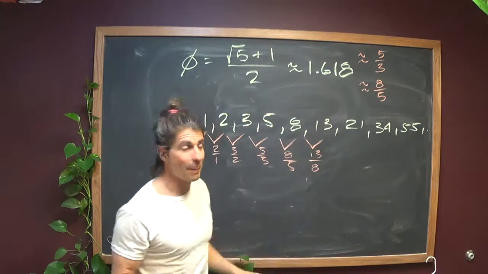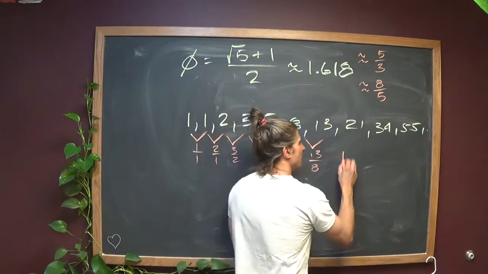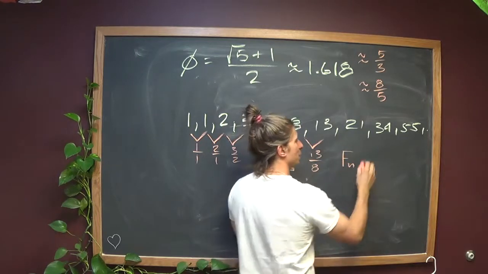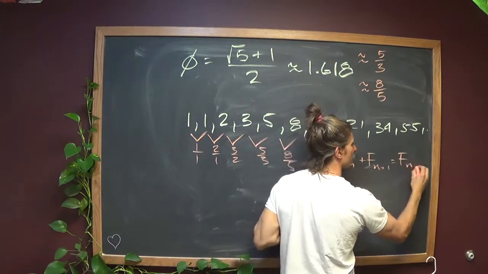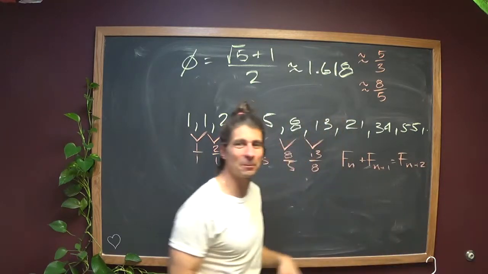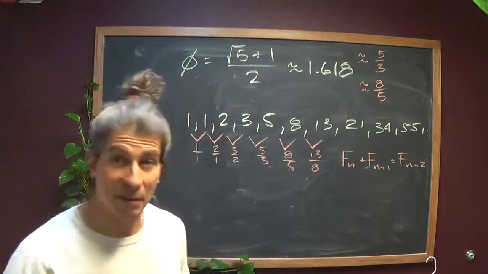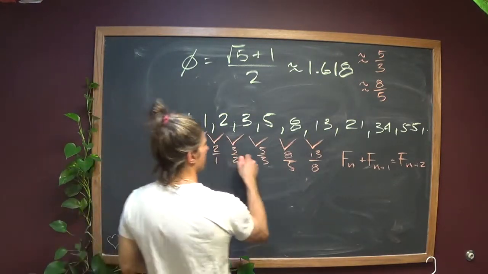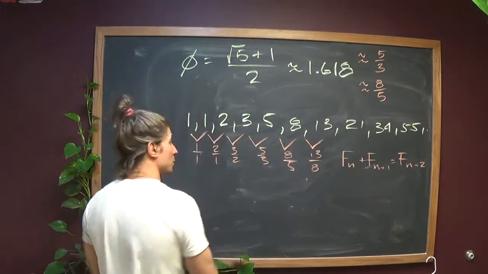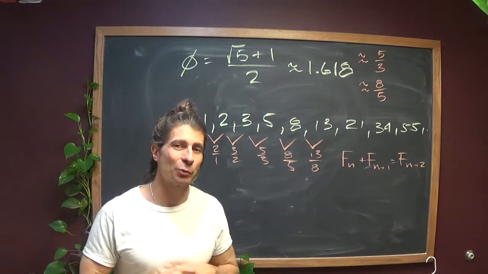And you can prove it mathematically if you let this go out infinitely. If you take the nth Fibonacci number plus the next Fibonacci number, and you get the n plus 2th Fibonacci number, the ratio of these has to be phi as n goes off to infinity. So these ratios successively get closer and closer to the golden ratio phi.